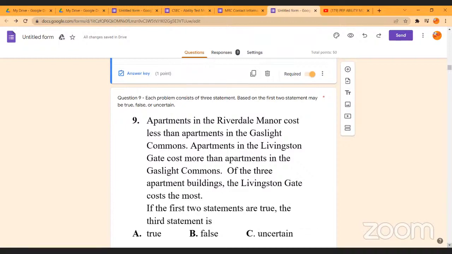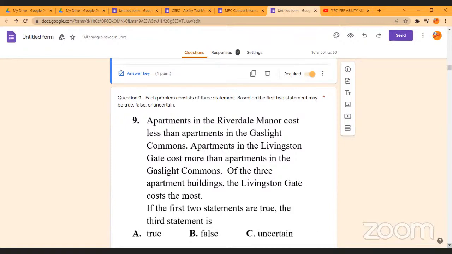Each problem contains... consists. Hold on, let's go back to that word, consists. Each problem consists of three statements.